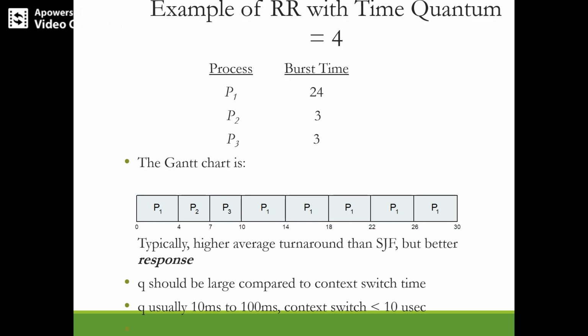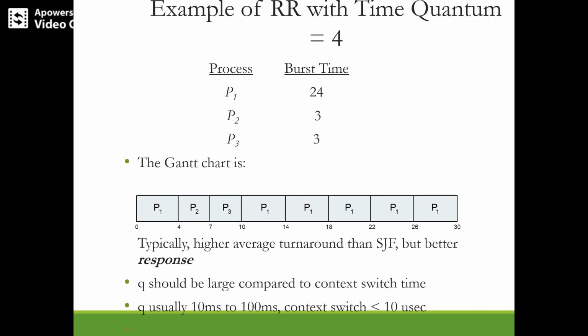Now if you try to calculate the waiting time, what is the waiting time of process P1? You can observe P1 arrived first, and it gets the CPU again at a later point, so the waiting time is 10 minus 4.